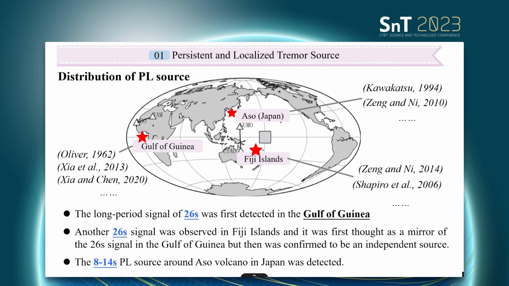In 2006, another 6-second signal was observed in Fiji Island, and it was first thought to be a mirror of the 26-second signal in the Gulf of Guinea, but then it was confirmed to be an independent source. After that, the 8 to 14 second PL source around Aso volcano in Japan was detected.